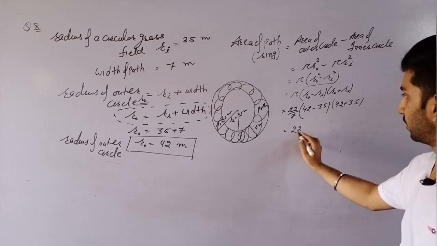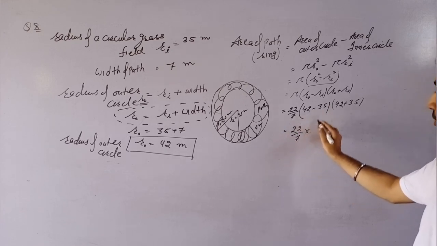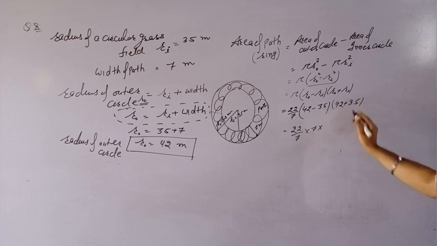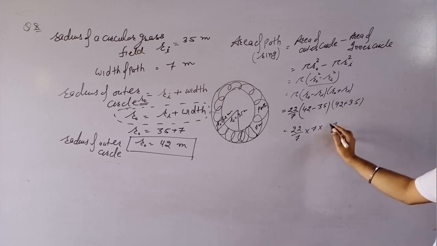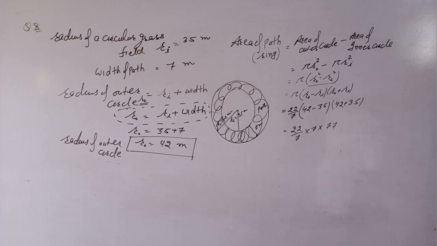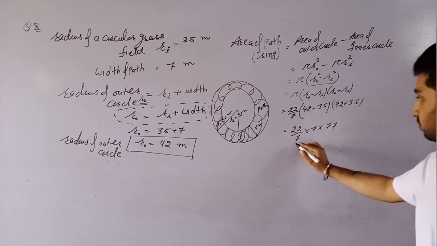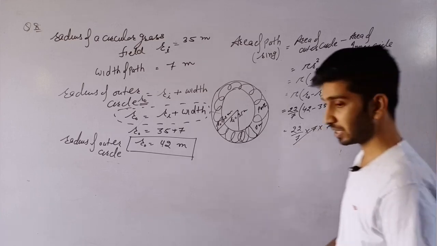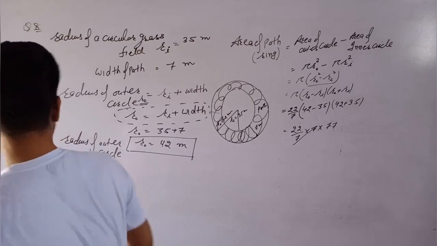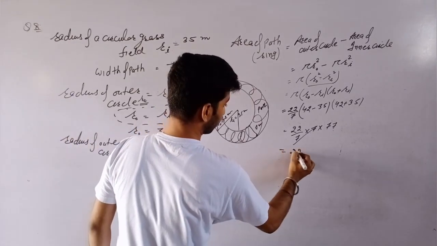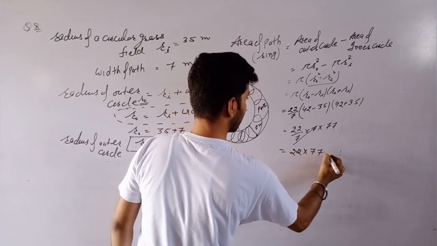So we will get that 22 upon 7 multiply 42 minus 35, 7, 42 plus 35, 77. 7 cancelled by 7, and we will get that 22 multiply 77.